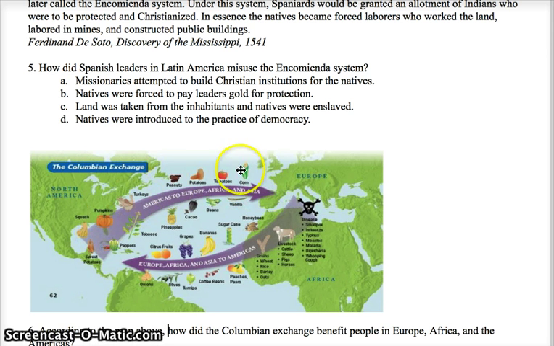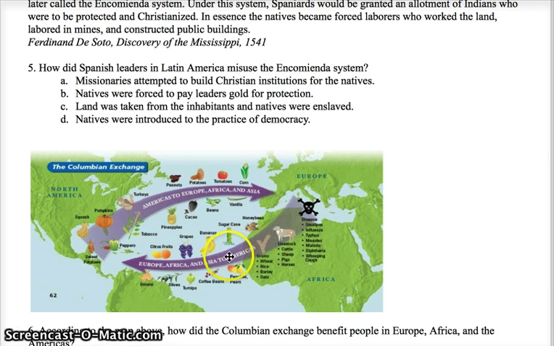So that would be good because Europe would have new crops and animals. And it's moving some disease. That's not helpful to Africa. Livestock, so different animals to Africa, that would be helpful. And different grains to Africa. I'm also thinking that would also be helpful as well.